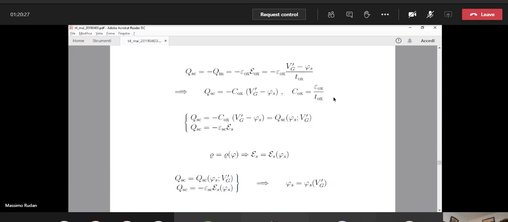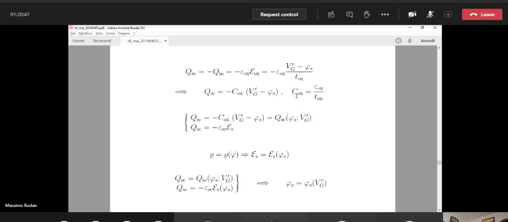If you divide by the area, you obtain the capacitance per unit area. So the ratio of epsilon ox over T ox is nothing else than the capacitance per unit area of the oxide.